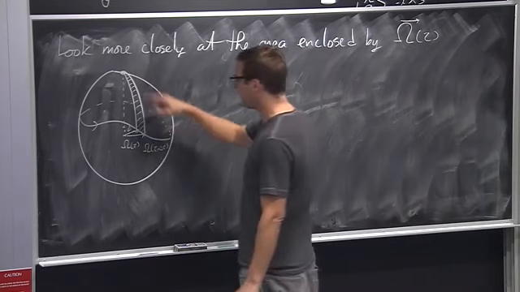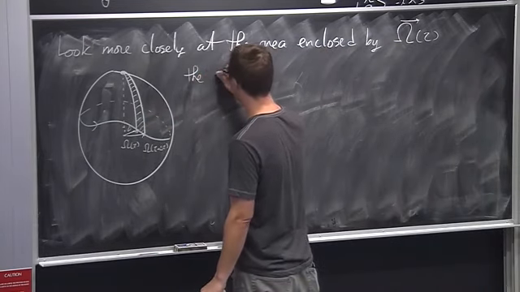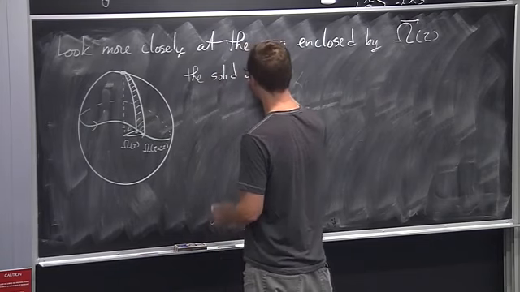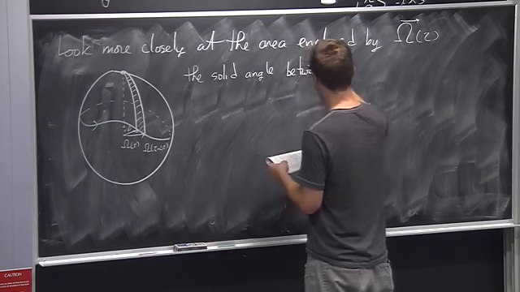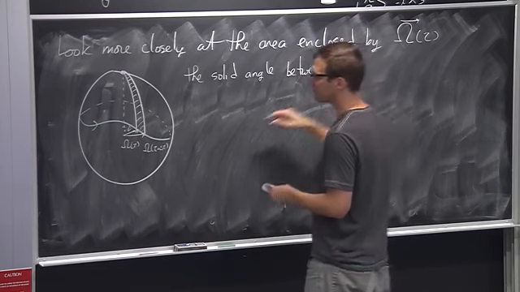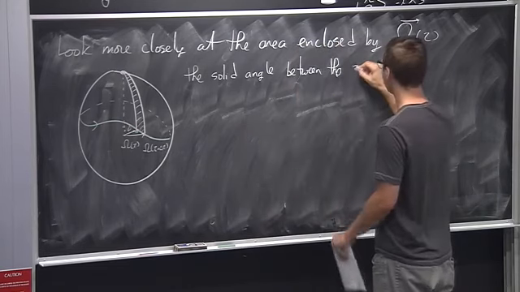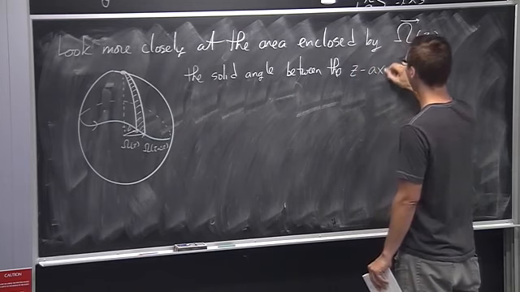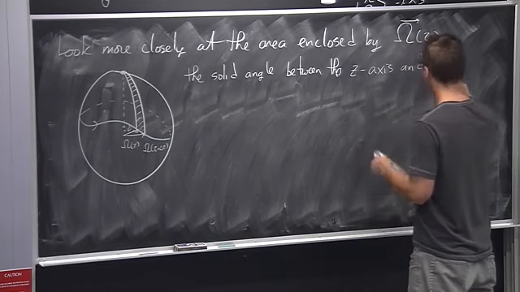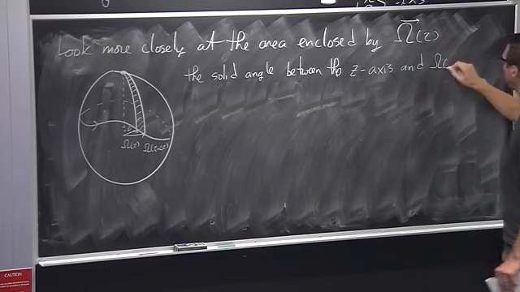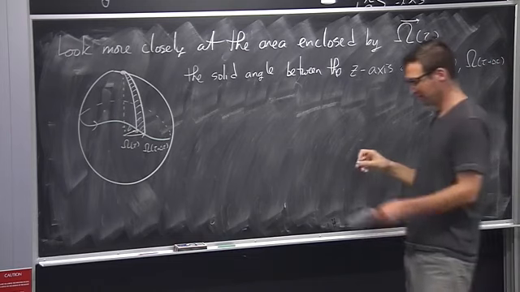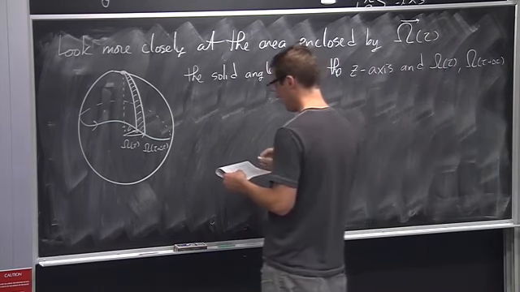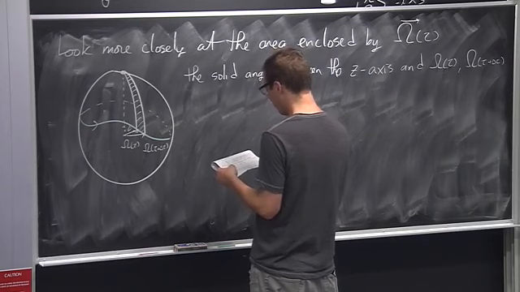So the solid angle between the z axis on the sphere and these two points on the path is easy if you know stuff about curved coordinates, which I don't.